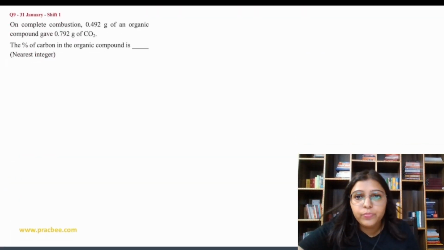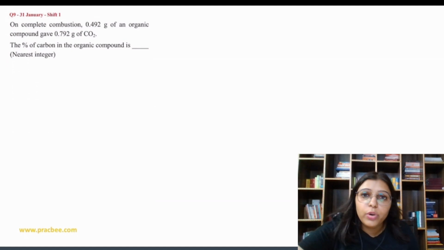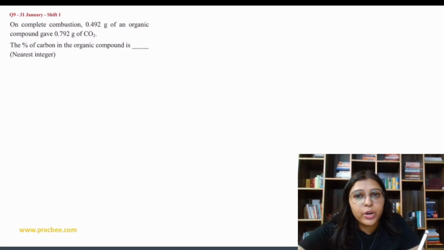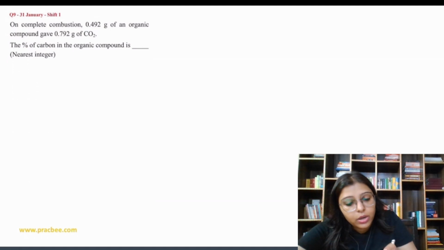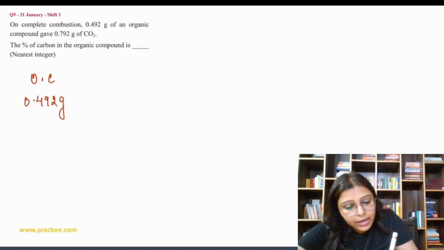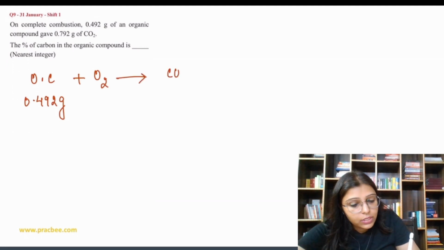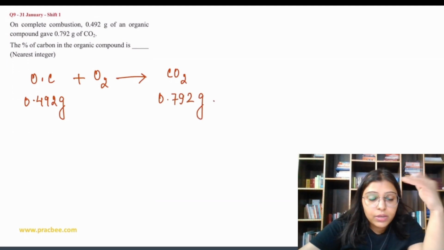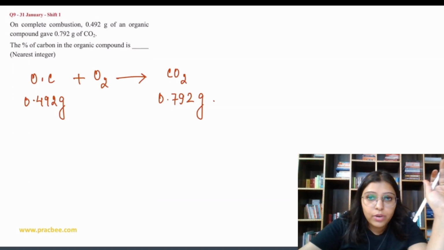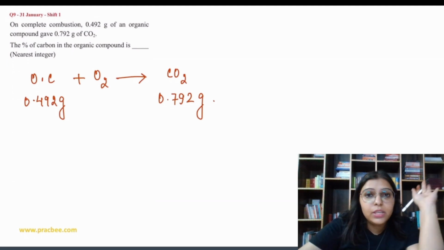So what is the next question? On complete combustion, 0.492 gram of an organic compound gave 0.792 gram of CO2. So we have an organic compound of 0.492 gram, and on combustion, that is on reaction with oxygen, it gave CO2 equal to 0.792 gram. It means whatever amount of carbon is present in the hydrocarbon is converted to CO2. To find the percentage of carbon in the compound, we calculate from the CO2.